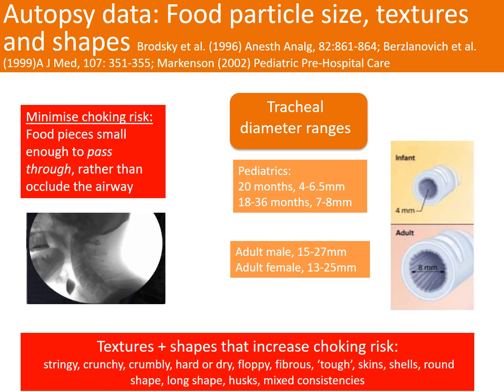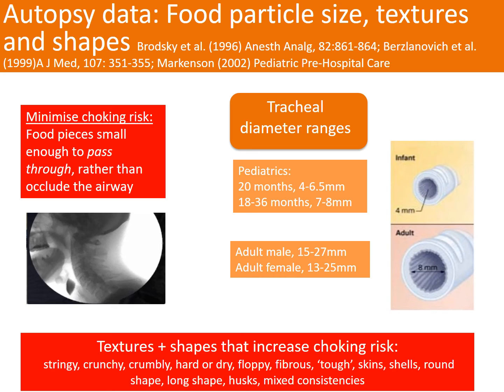would analyze what's left in the airways and tracheas after somebody has actually died from choking. From this, we can determine the range of safe or unsafe particle sizes, and it's that that's formed the basis of our guidelines for texture-modifying foods.